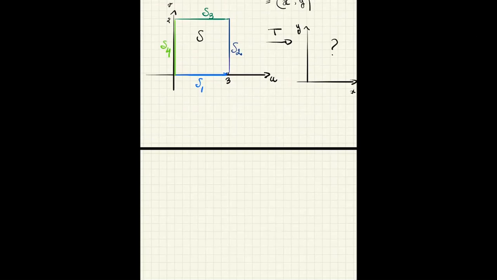You take S, you take the boundaries, because it's continuous. We'll always be dealing with continuous transformations, which take boundaries to boundaries. It's not always the case when the function is not continuous.